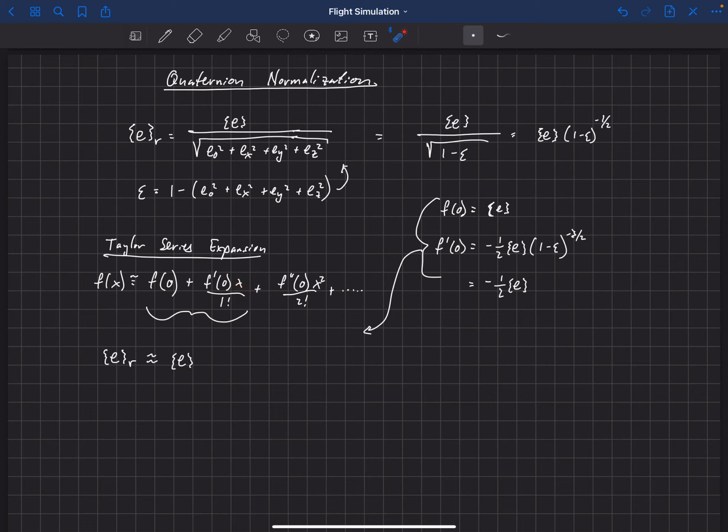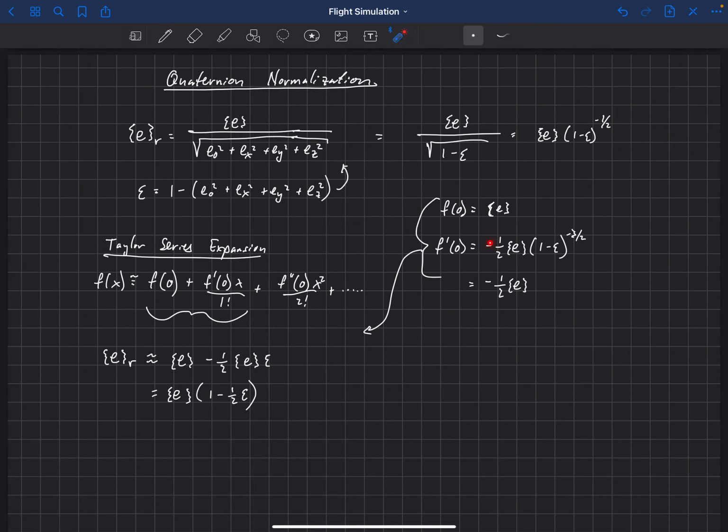So let's plug in f prime, which is minus 1/2 of the quaternion e, multiplied by epsilon, and divided by 1 factorial, which is just 1. So we can rewrite this as e times 1 minus 1/2 of epsilon. Now let's see, did I do that correctly?